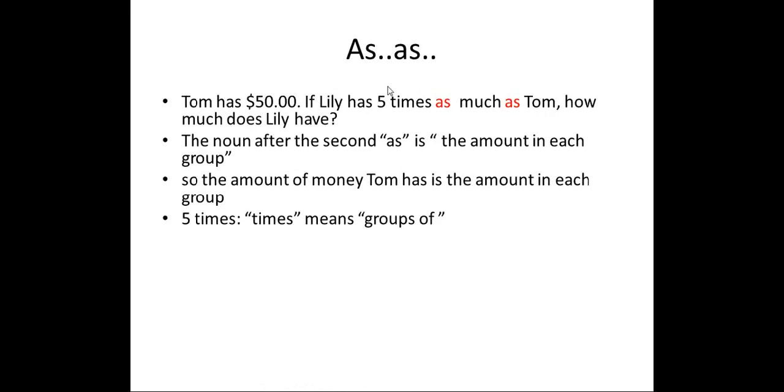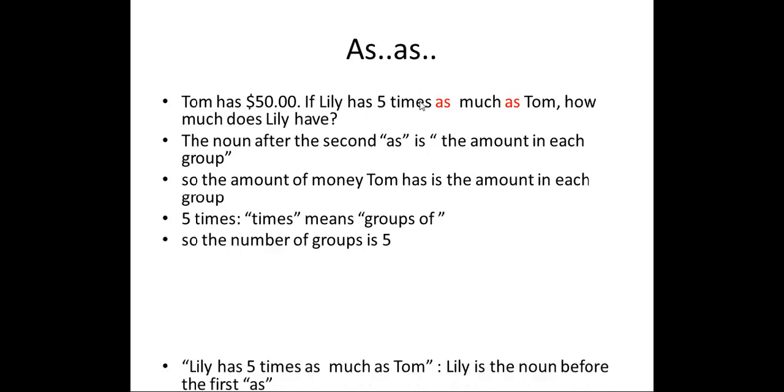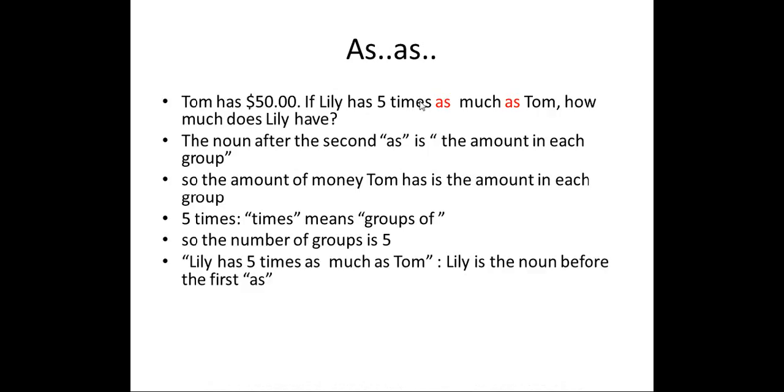Remember, times in this case means groups. So 5 times means 5 groups, or the number of groups is 5. Lily is the noun to the left or in front of the first as. So Lily, or the amount of money that Lily has, is the total amount in all the groups.